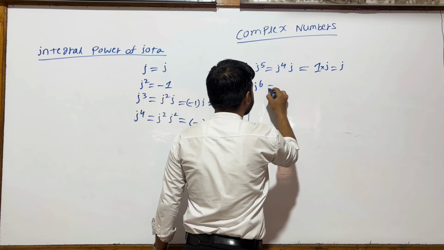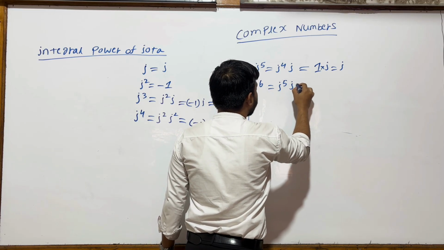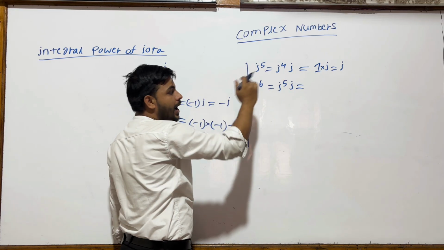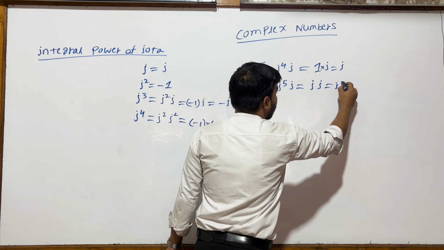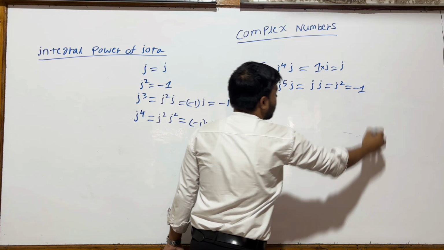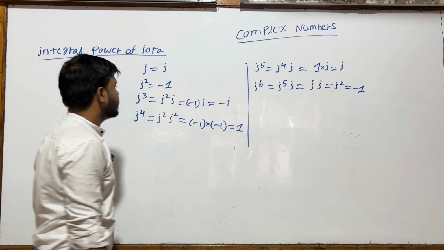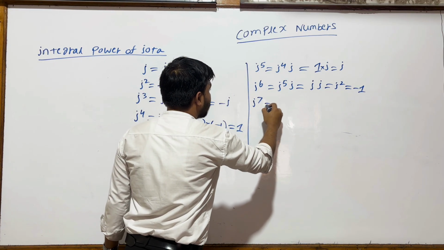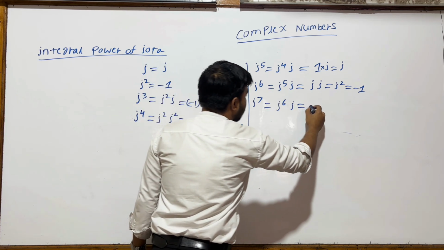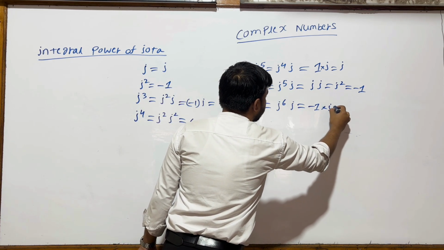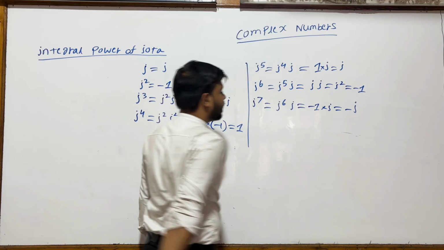Next, i to the power 6 is i to the power 5 into i, that is i into i square, and i square means minus 1. Next, i to the power 7 is i to the power 6 into i. The value of i to the power 6 is minus 1, so minus 1 into i, that is minus i.